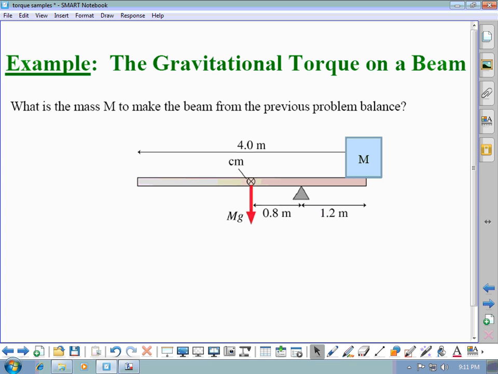So if this is balanced, that means that the counterclockwise torque is equal to the clockwise torque. The counterclockwise torque we just calculated was 3,920 Newton meters. That was on the last slide.